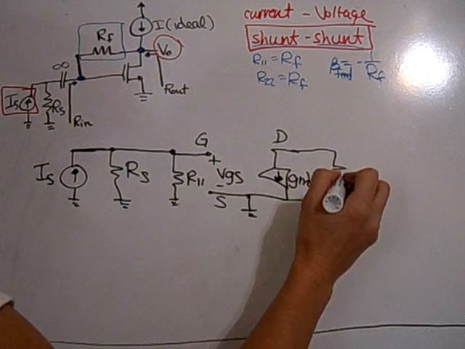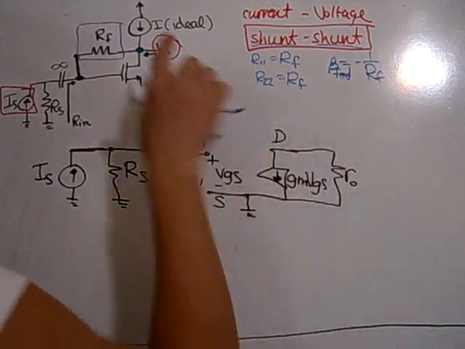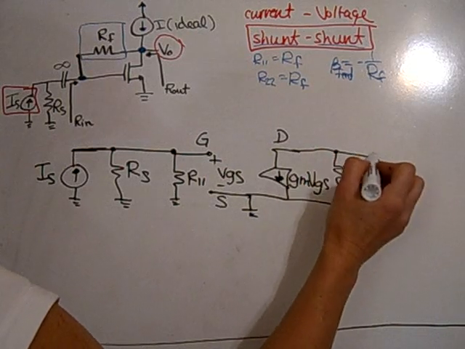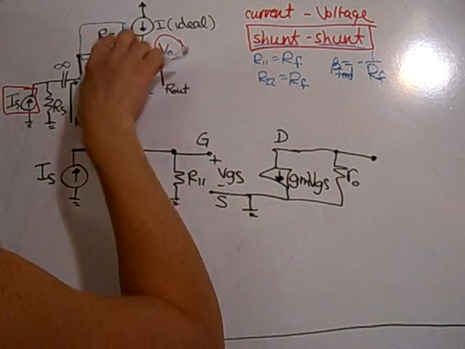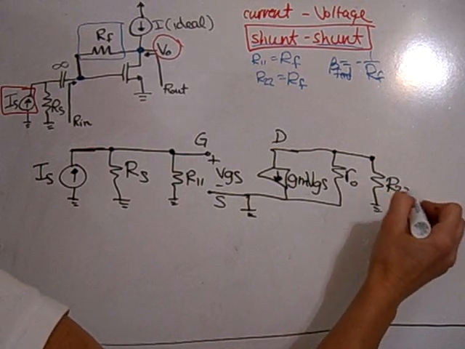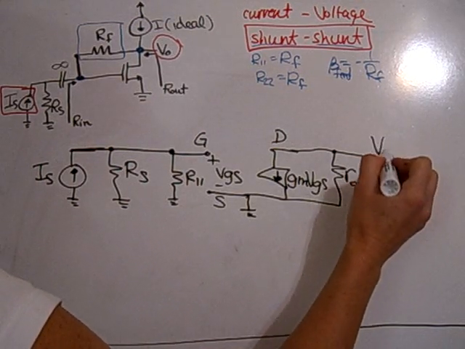And I'm going to also include RO. And then this is an ideal current source, so that becomes an open. And this is my output side, so I put R22 here. And this is my V0.